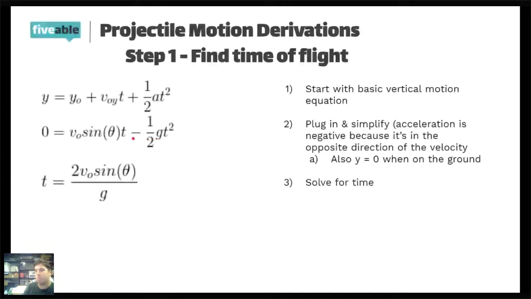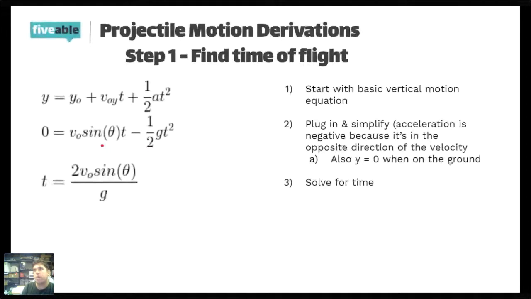And if you guys remember your vectors, if vectors are going in opposite directions, one of them must be positive, the other one must be negative. So in this case, I'm calling my initial velocity upwards positive, which means the acceleration term has to be negative because it's going in the opposite direction.